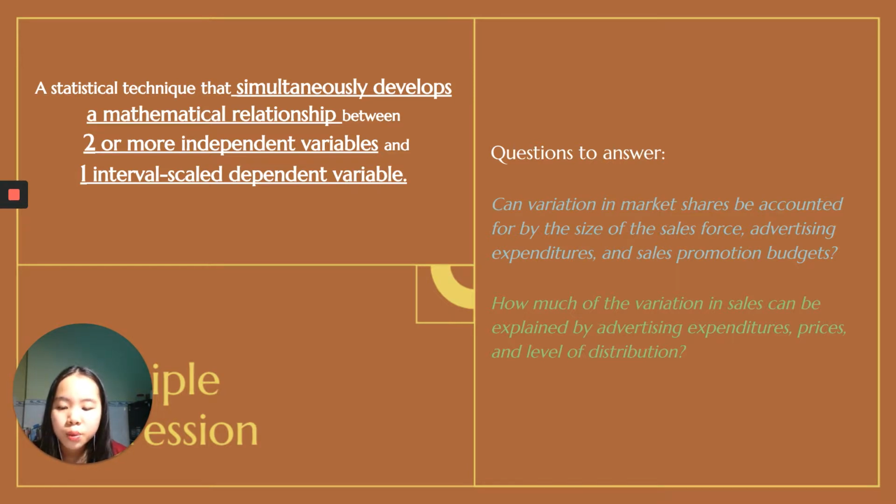It can answer the questions raised in the context of bivariate regression, like, can variation in market share be accounted for by the size of the sales force, advertising expenditure, and sales promotion budgets? And additional questions raised by multiple regression, like, how much of the variation in sales may be explained by advertising expenditure, price, and the level of distribution?